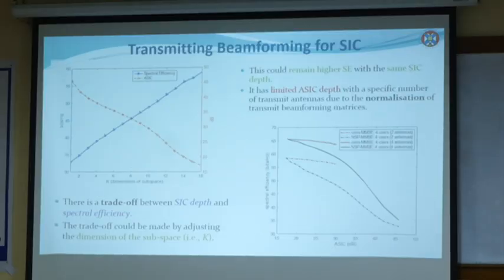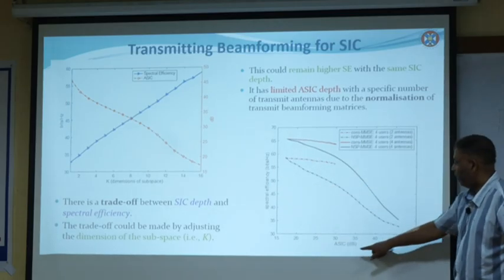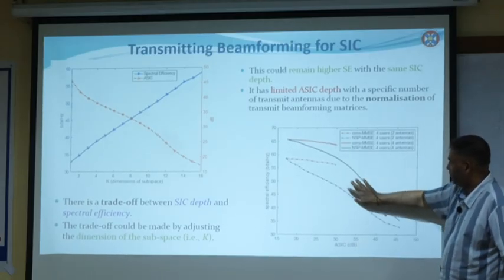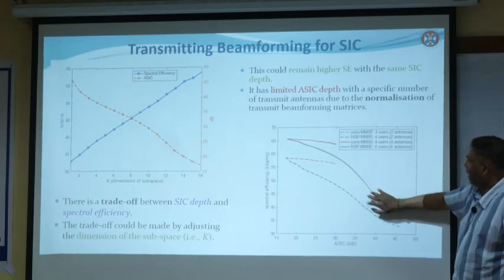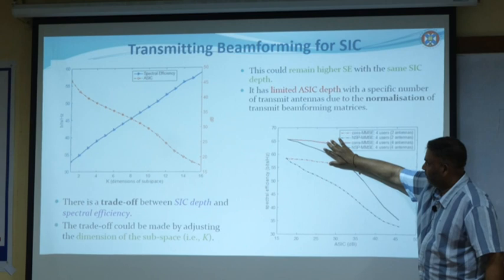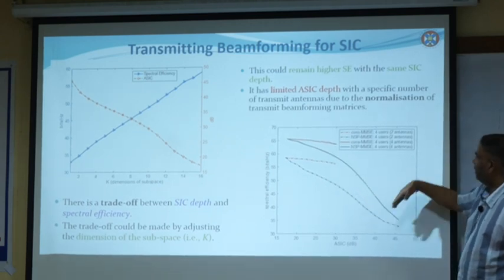We have shown here the spectral efficiency versus analog self-interference cancellation. This is the null space projection technique people have used, and we have proposed some other techniques here which perform better compared to the null space projection technique.